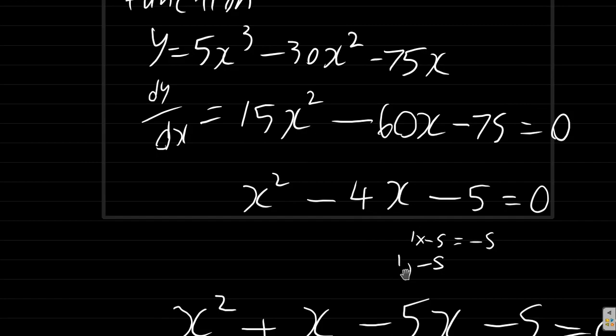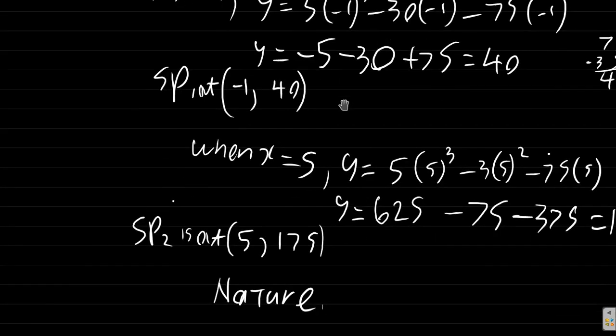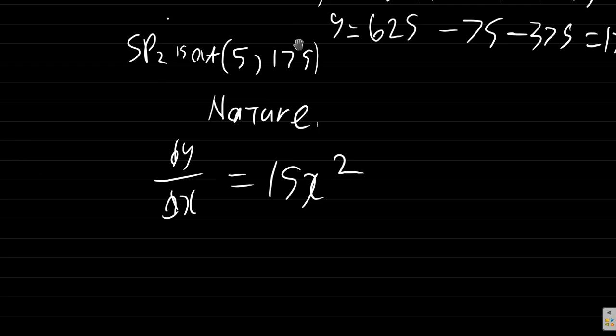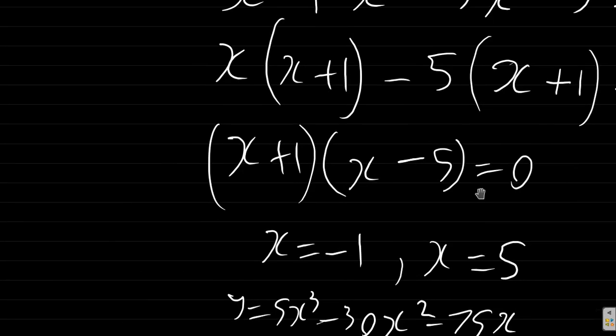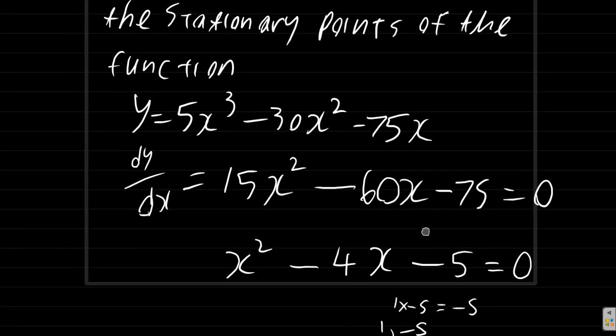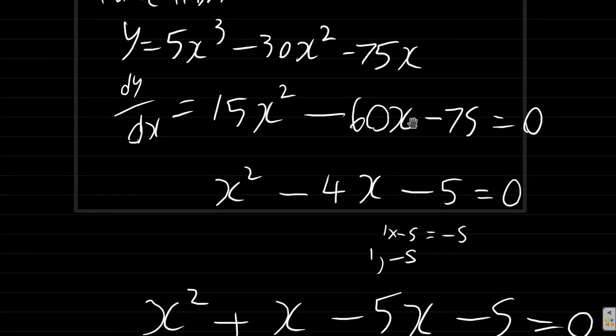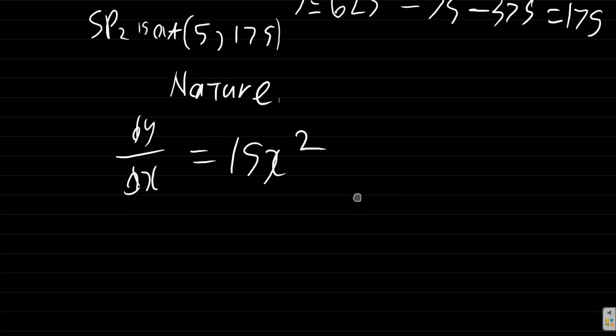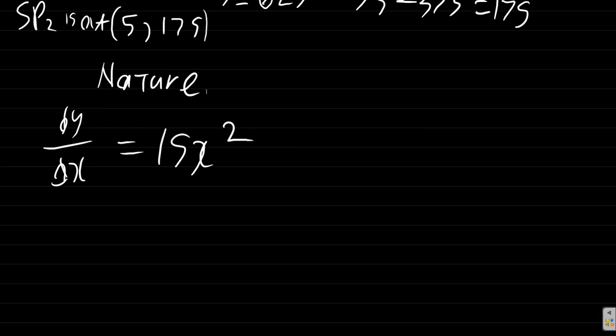We have the first derivative, dy by dx is 15x squared minus 60x minus 75.